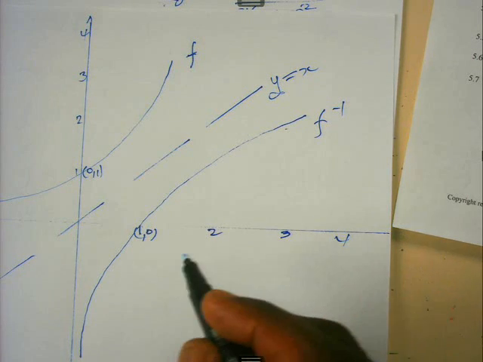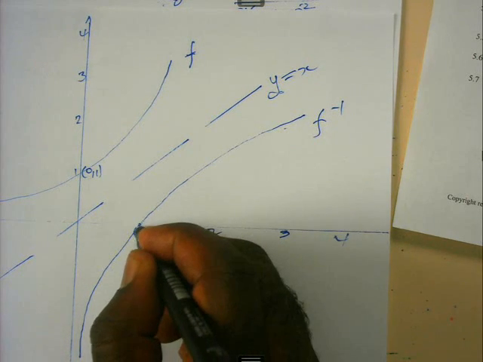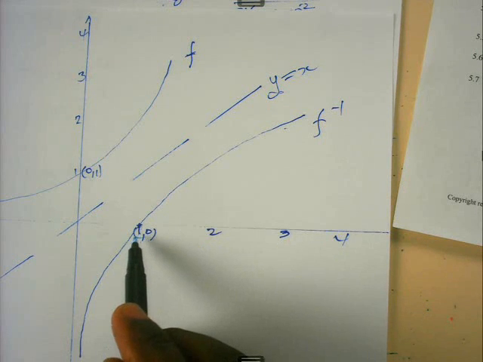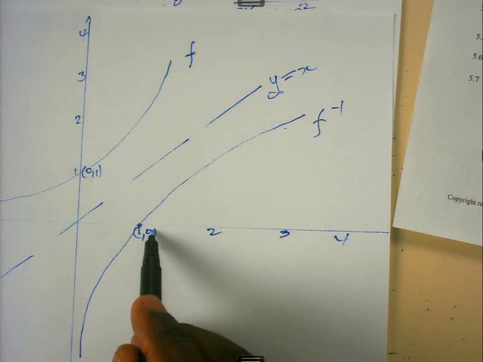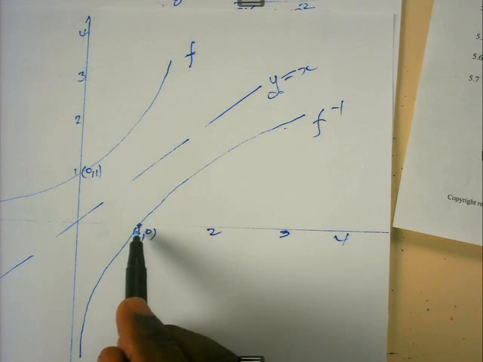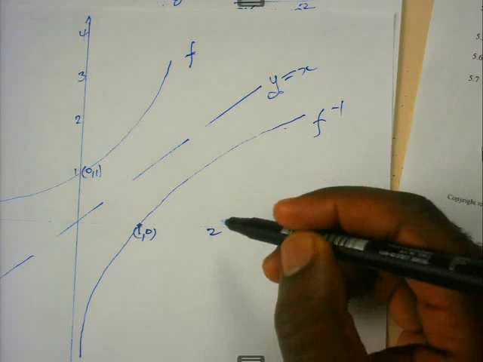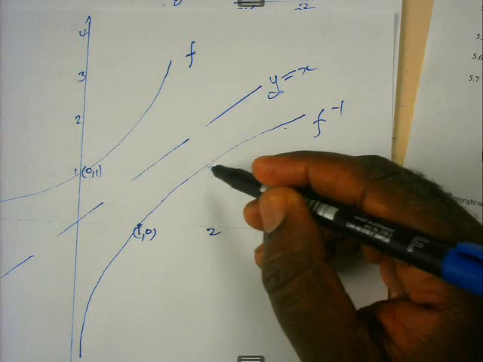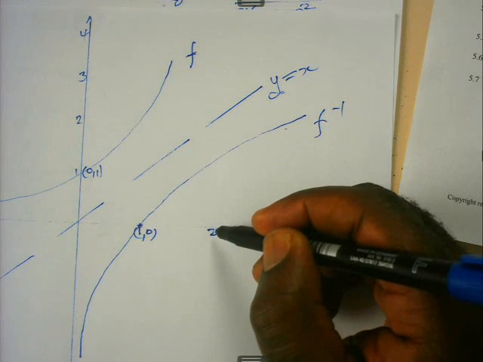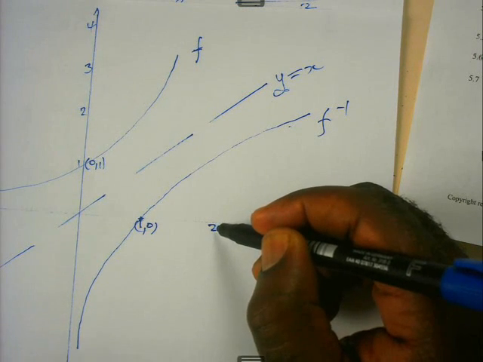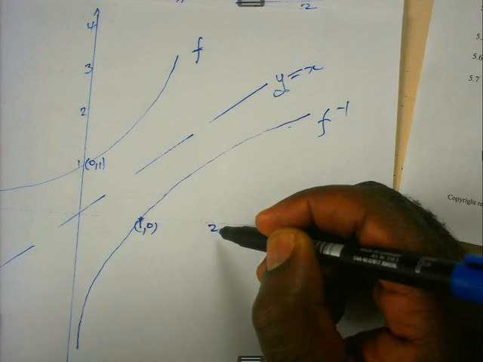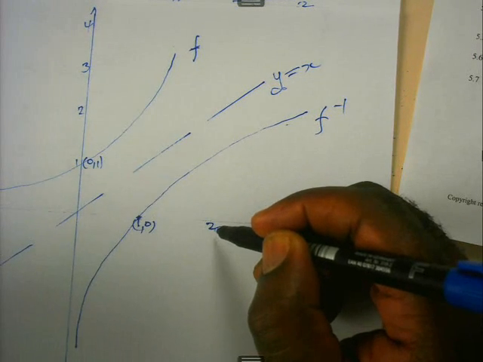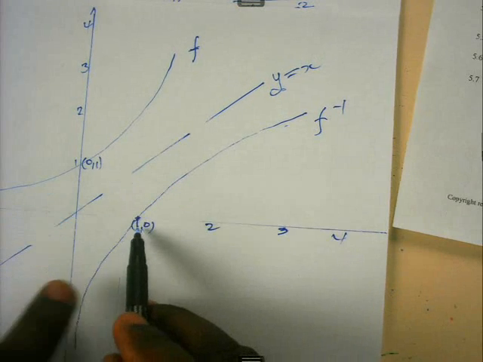When you look at this graph, this point has coordinates 1 and 0. The next point that I'm going to spot on the inverse must be such that the y coordinate is 1 less unit than the x coordinate, just like it was the case here.